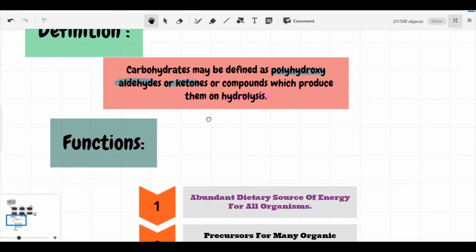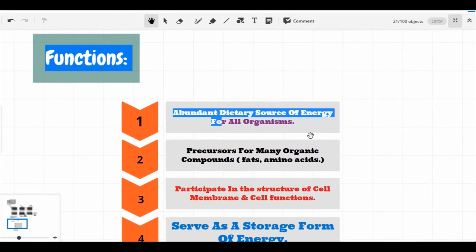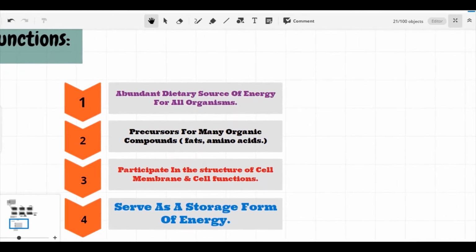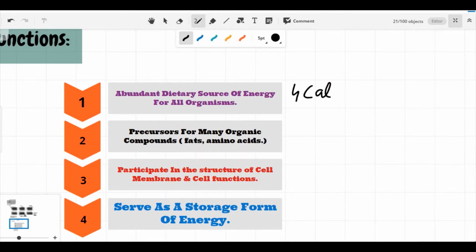Now the next one, functions. Here I am going to show you some important functions of carbohydrates. The first one is that carbohydrates are an abundant dietary source of energy for all organisms, because we know that they provide about 4 calories per gram.